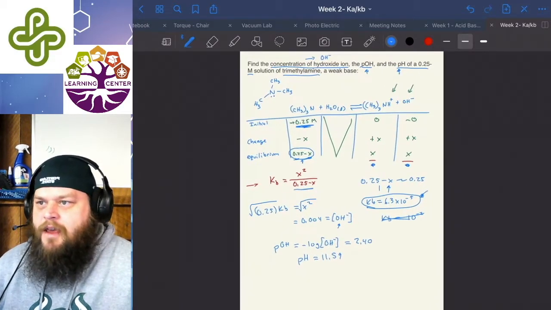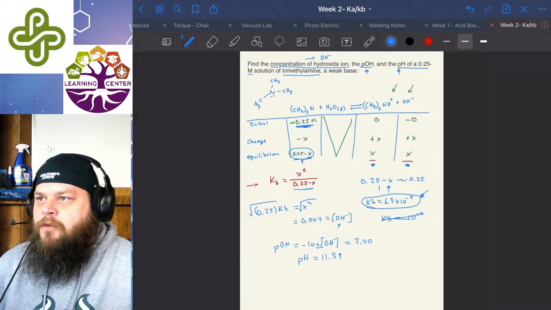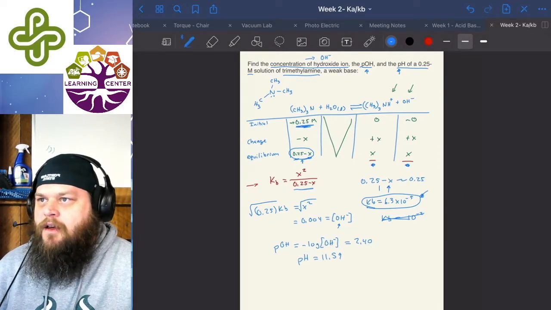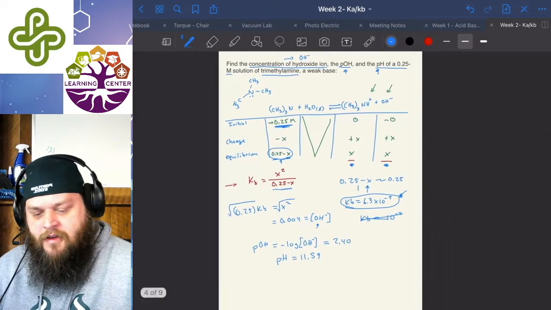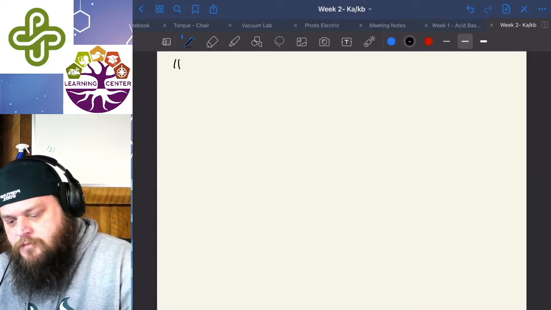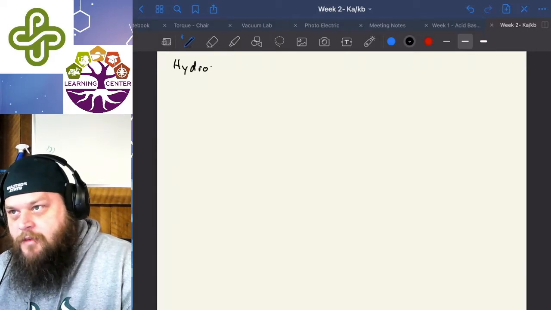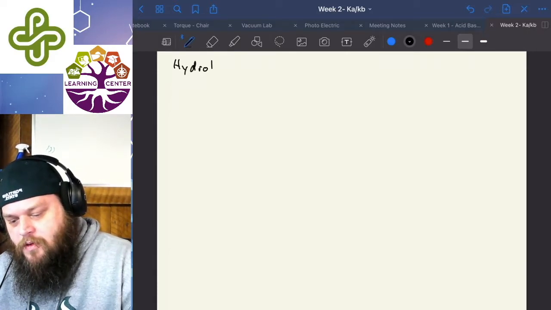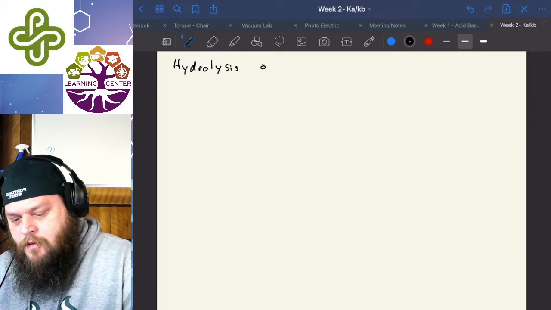We got about 10 more minutes left. I want to run through real quick the idea of hydrolysis of salts. This works very similar to what we've already talked about.